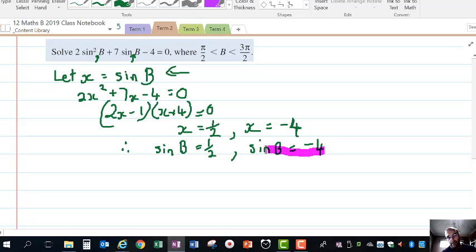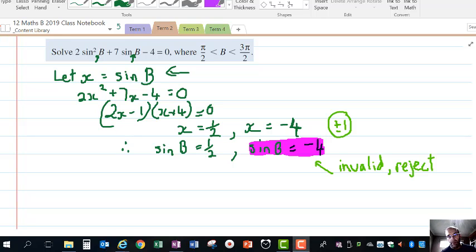You can't get sine of something equals negative 4. Sine has a range of 1 and negative 1. You should know that. So that's the range, and it can't exist as negative 4. So that's invalid. We reject that.